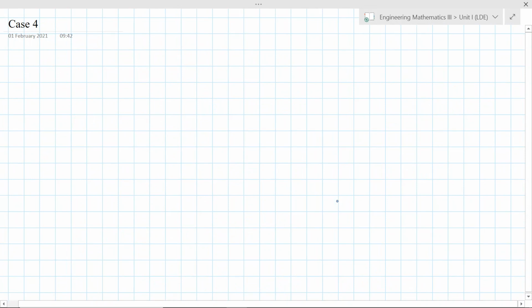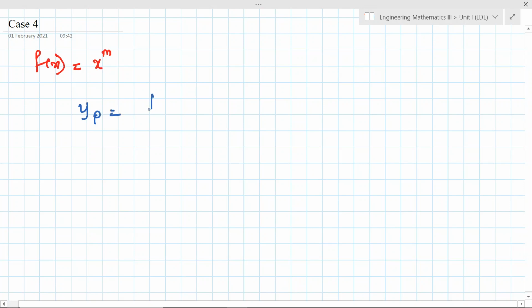The next case is also simple. If f(x) is equal to x raised to m, the power of x, then what is my yp here? This is a very crucial case.